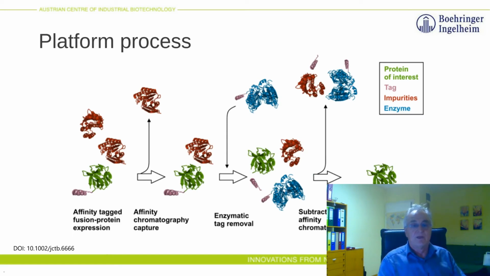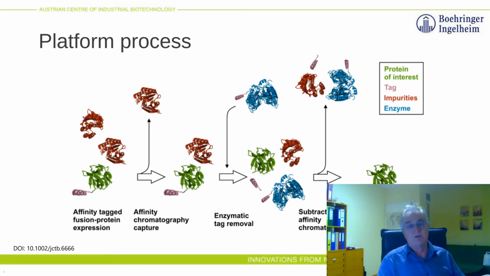So we have the affinity-tagged fusion protein expression on the left-hand side. The red ones are the impurities, the green is the affinity tag. Then we do an affinity chromatography, in our case with the His-tag.